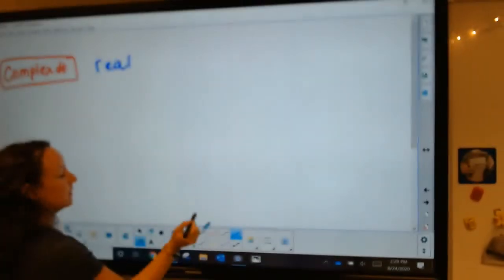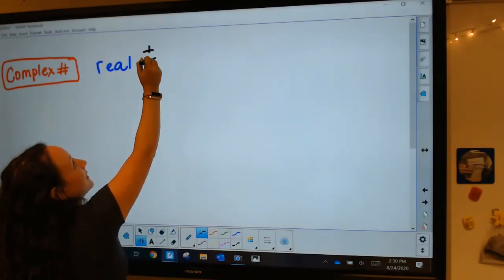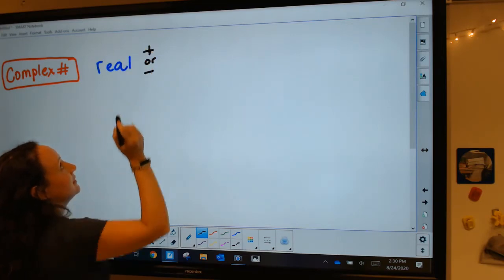So a big idea for us today: remember, you have a complex number. There is a real plus or minus imaginary.